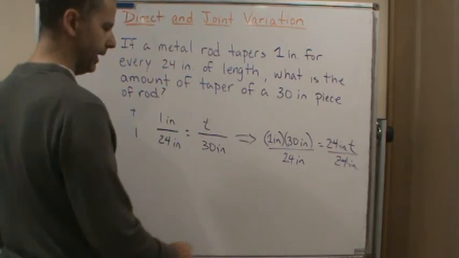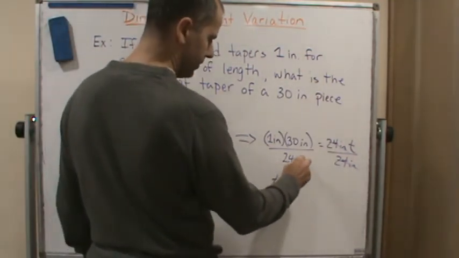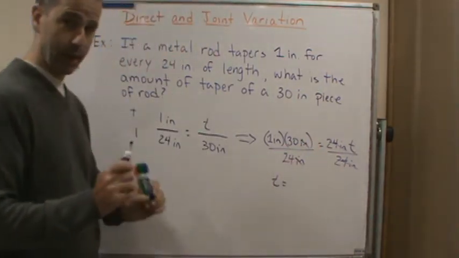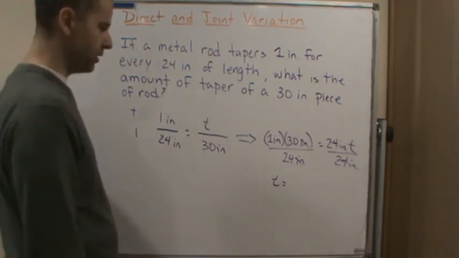And what do I get? I get T equals what? Well, notice that the inches here cancel with inches here, and I still end up with inches, so I'm good. So my final answer should be measured in inches.